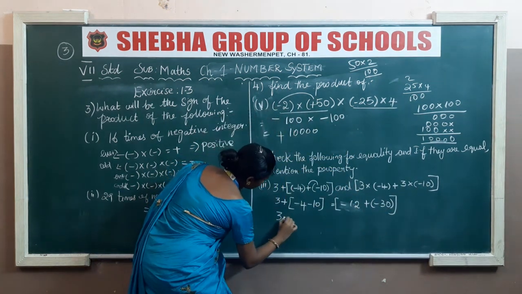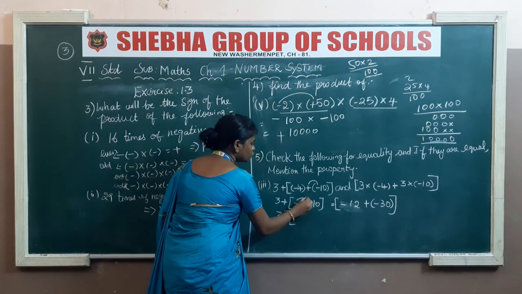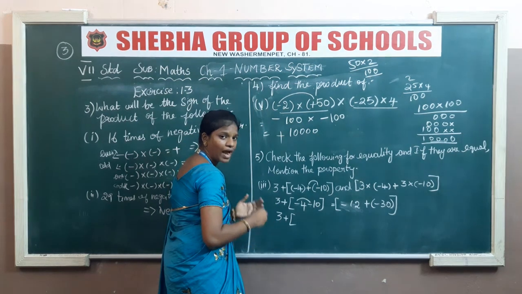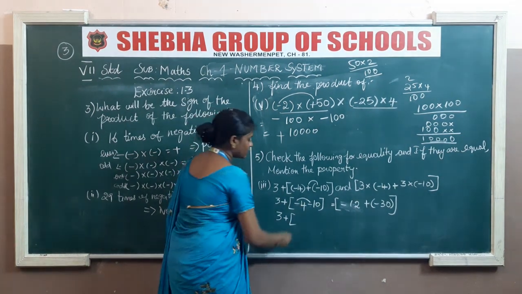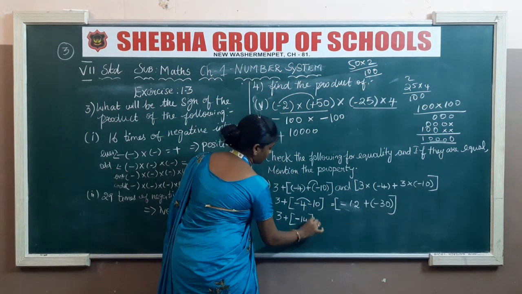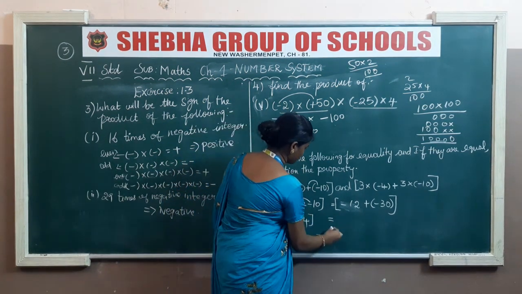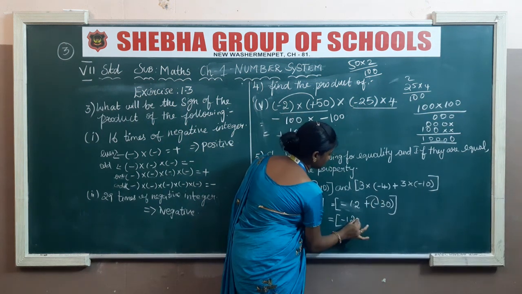Then in the bracket, minus 4 plus minus 10, minus plus minus, we add the two numbers: 10 plus 4 is 14, so minus 14. This is equal to minus 12, minus into plus is minus 30.